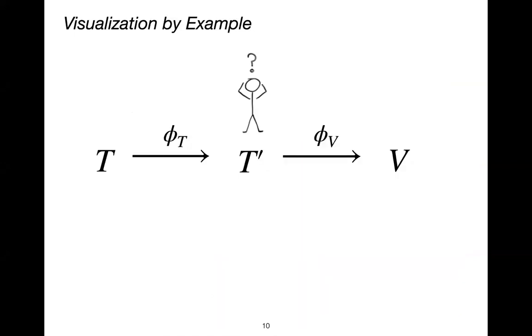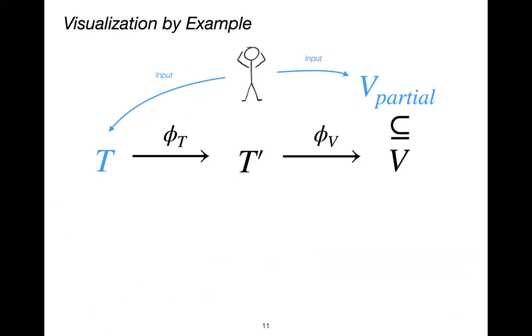So based on this observation, we thought about a paradigm allowing people to do visualization by example. Instead of asking people to create programs to transform and visualize the data, what people do is provide the input table and create a demonstration showing a partial visualization.